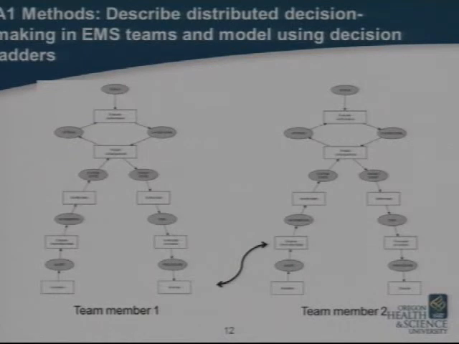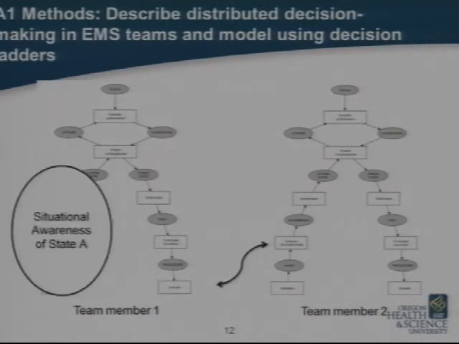So one of the ways in which I want to analyze this data is I want to organize the events. I want to use decision ladders as an analytical tool to demonstrate how the cognitive tasks are distributed between the different members within the team. So the decision ladder has a number of boxes to fill.